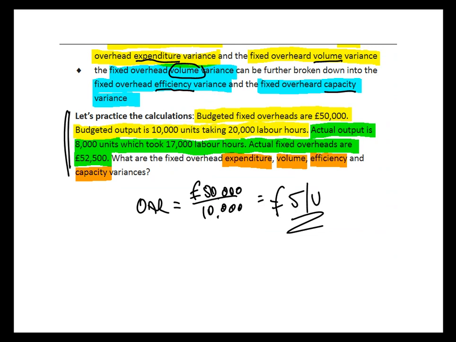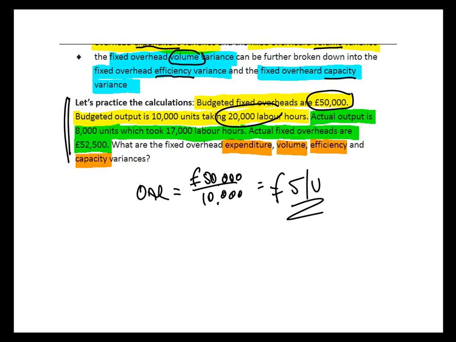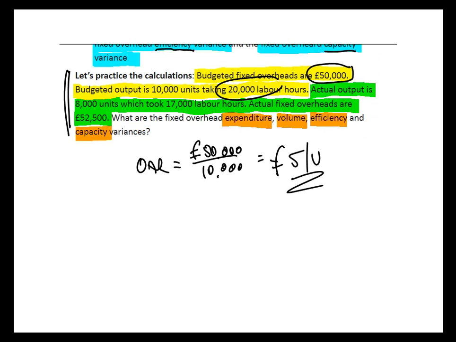Now, if I look back at the information in the original example, well, £50,000 budgeted overhead cost for 20,000 hours. If I want to work out an hourly cost, it's actually going to be £2.50. So be very careful.